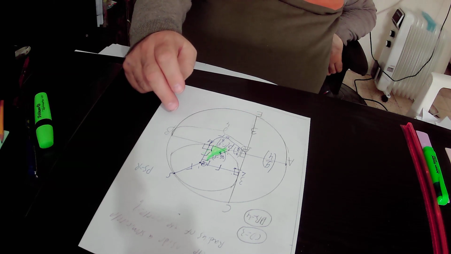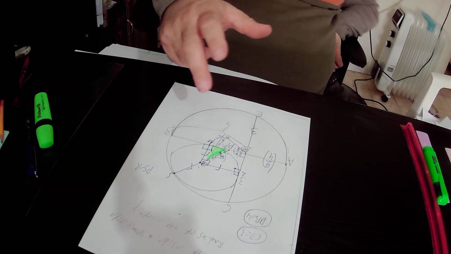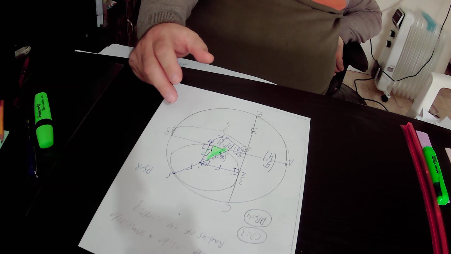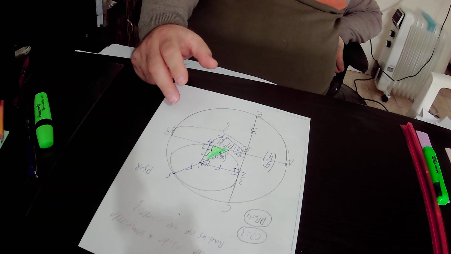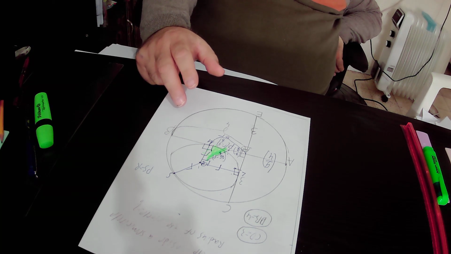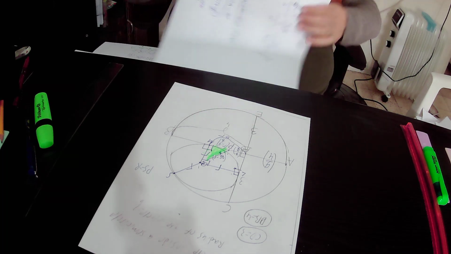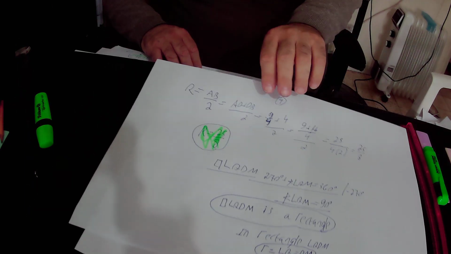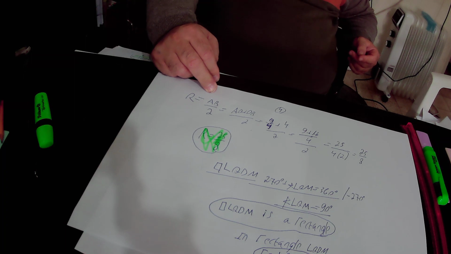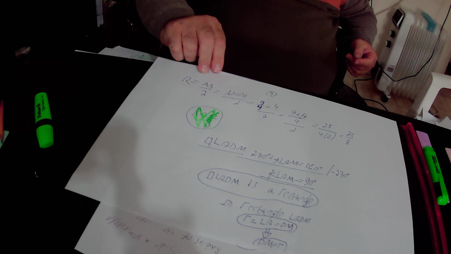In this way we will find the radius of the big circle or semicircle, and we'll define the radius of the big circle and also the radius of the semicircle as capital R. Therefore we'll get that AB over 2 equals capital R. Okay? Capital R, the radius of the big circle, equals the diameter of the big circle, that is AB over 2. What is the value of the diameter AB?